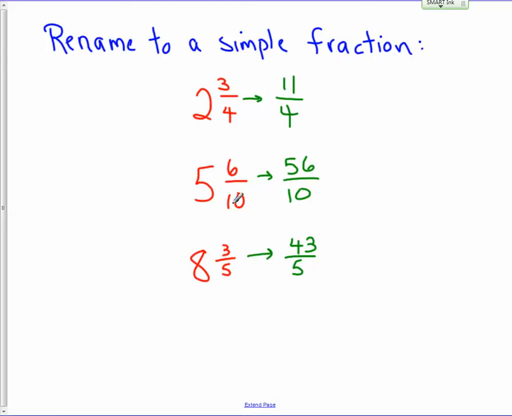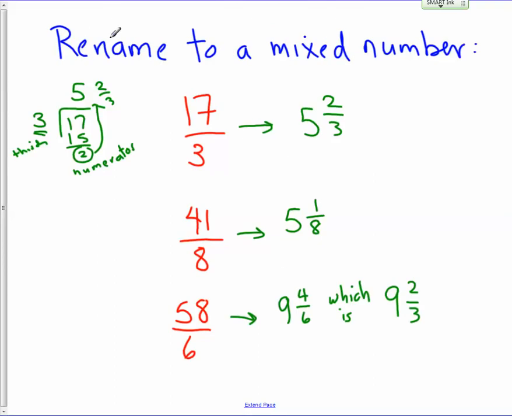5 times 10 is 50, plus 6 is 56/10. Remember, this is 50/10 plus 6/10. 8 times 5 is 40/5, plus 3/5 is 43/5. So we went from a mixed number to a simple fraction, and then we went from a simple fraction to a mixed number.